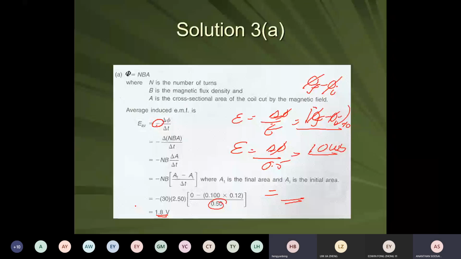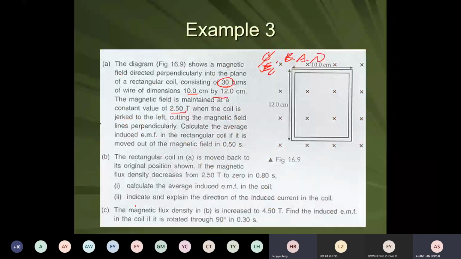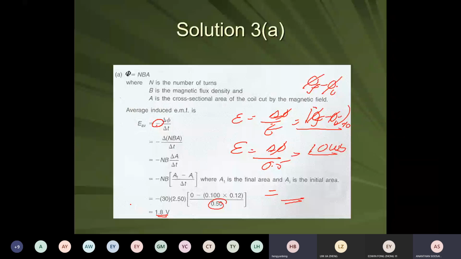Okay. So what if it's positive? Then just times negative 1. Why does it become positive? In the actual rule, this is the working that has been shown. In the actual rule, outside they put negative because of Lenz's law. Inside they always follow final flux minus initial flux.